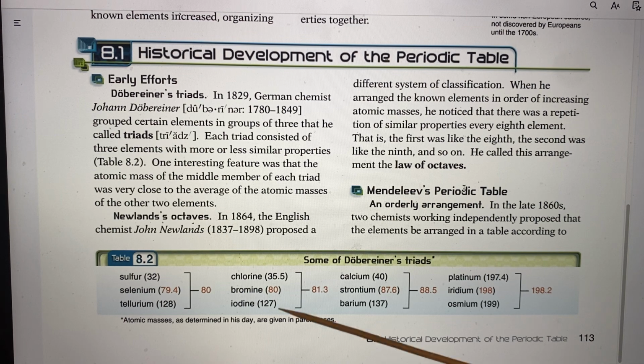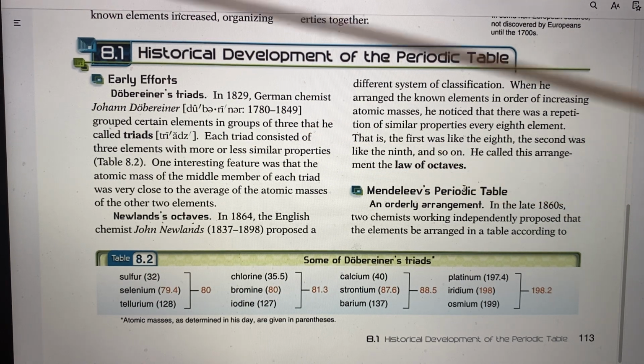Chlorine, bromine, iodine, the middle number. And here we have calcium, strontium, barium. So he grouped them in groups of 3, platinum, iridium, osmium, and he said, wow, something is going on here with the atomic masses, as he looked into the way they were classified. This was in 1829 that Dobereiner did this.